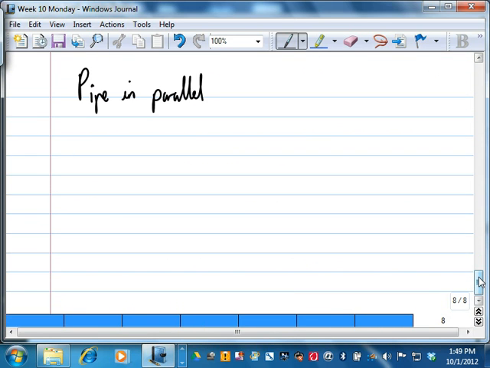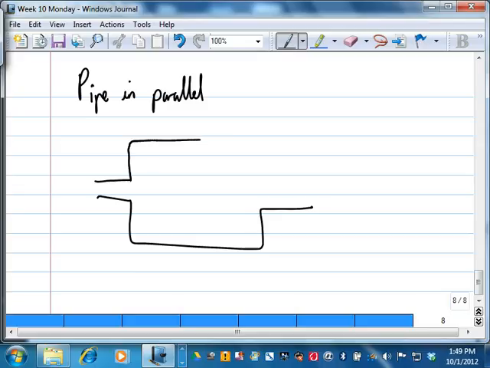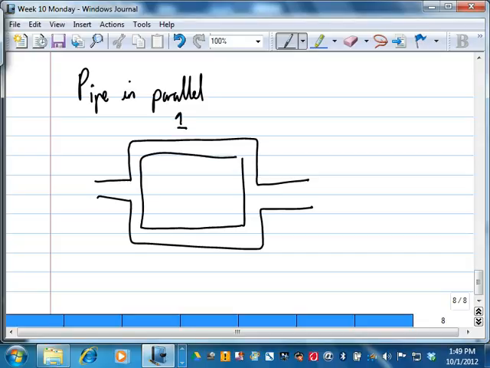Pipes in parallel. This is branch 1, this is branch A, this is branch B. Alright, this is point 1, this is point 2.